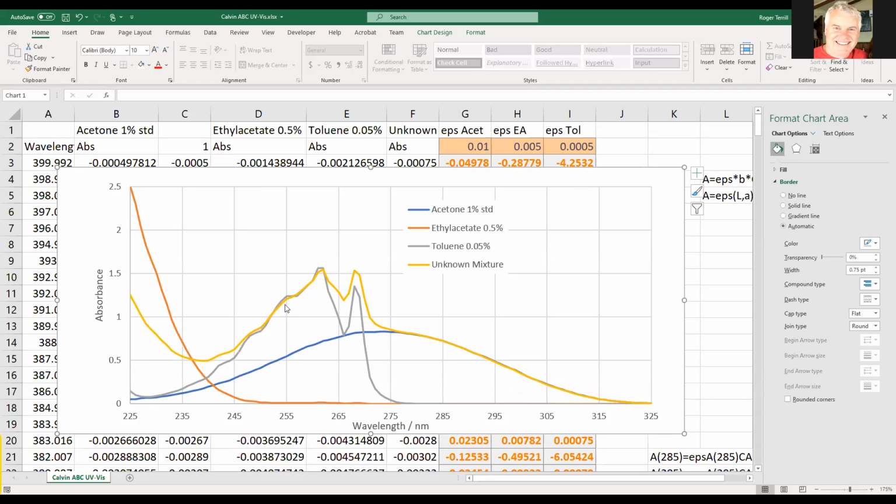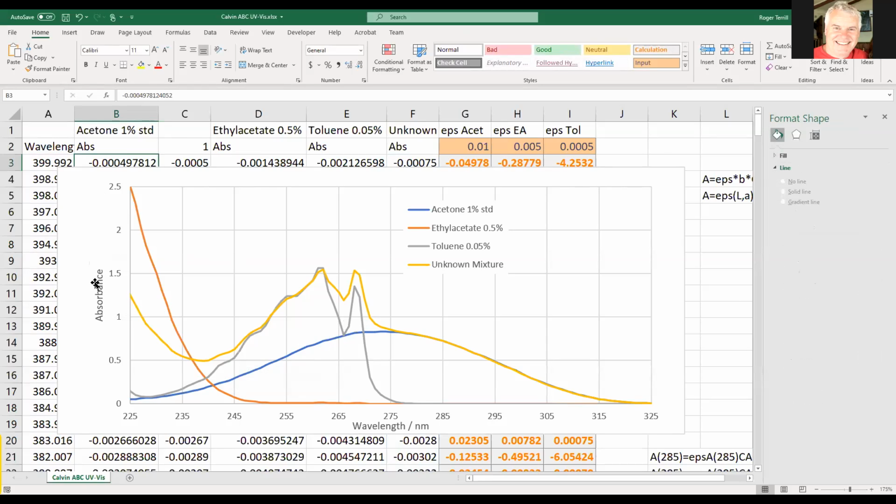And then toluene, it's a slightly lower symmetry aromatic compound. And then here is a mixture of these three molecules.